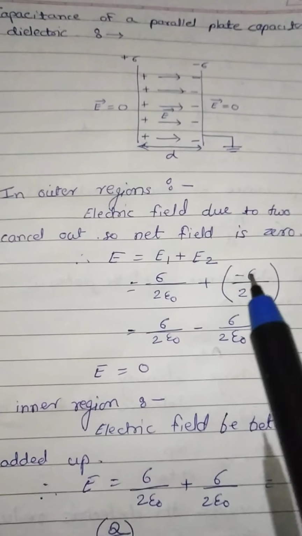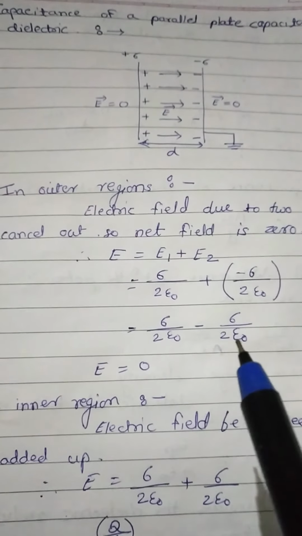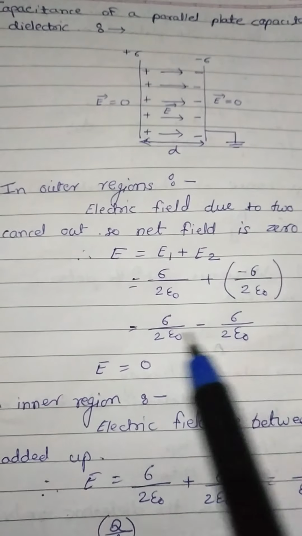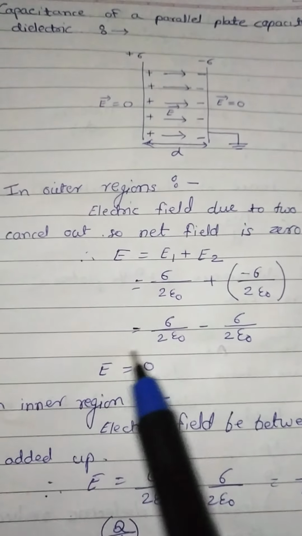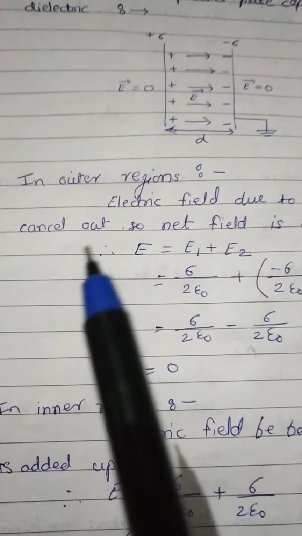So we get sigma upon 2 epsilon naught minus sigma upon 2 epsilon naught, which cancel out, and E is equal to 0. This is outside the plates.